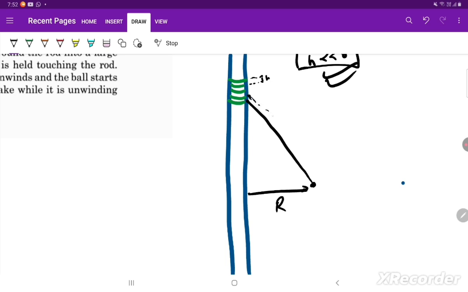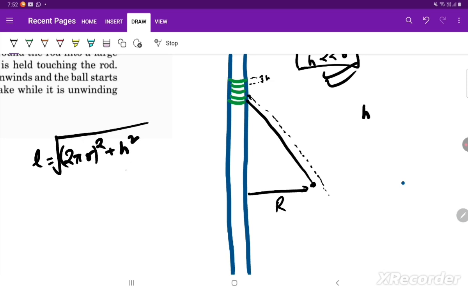The situation will be like it will go up by some distance h, and what is the unwound length? The unwound length L is equal to the square root of (2 pi r) whole squared plus h squared. So it will go upward by h and downward by the square root of (2 pi r) whole squared plus h squared times cos theta.